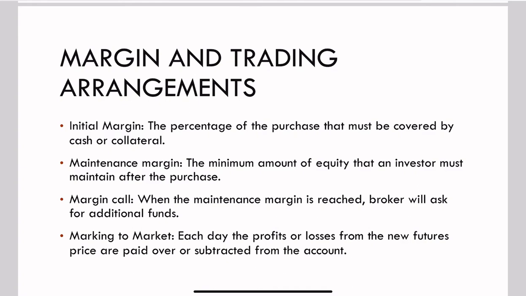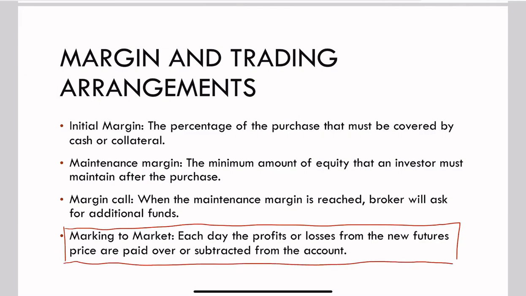Margin call basically means when the maintenance margin is reached, the broker will call you and ask for additional money. Now, the fourth concept is new, very important, and unique to futures trading.